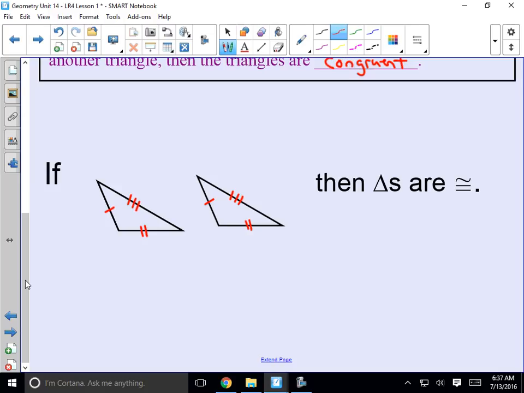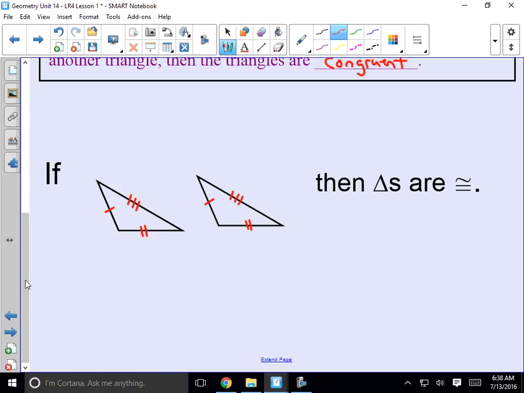Now, the triangle could be flipped around a little bit, but we can always change the orientation of the triangle. So if we know that the 3 sides of each of the triangles match up lengthwise, then we know that the triangles are congruent.